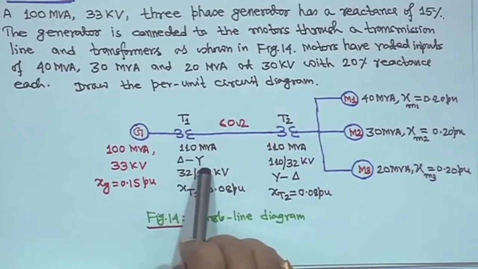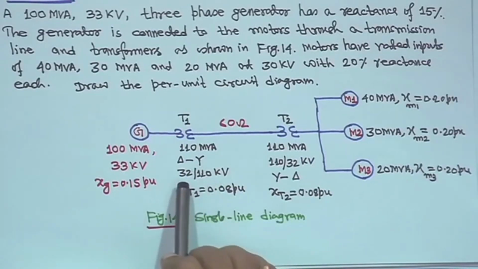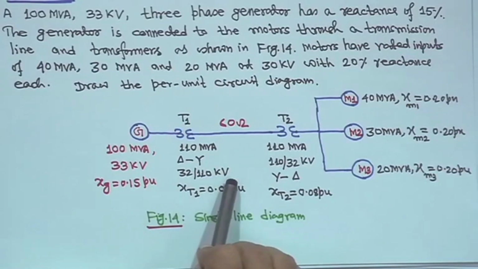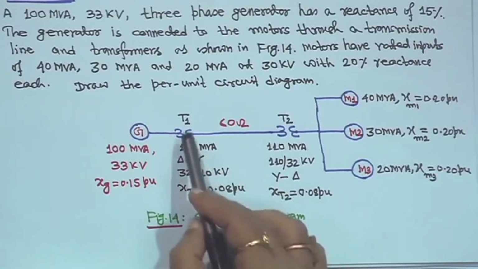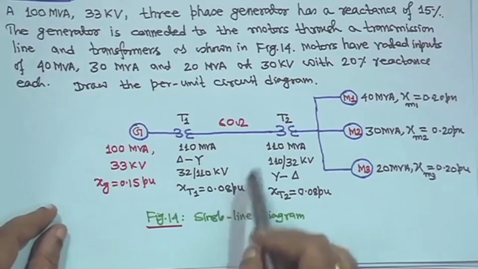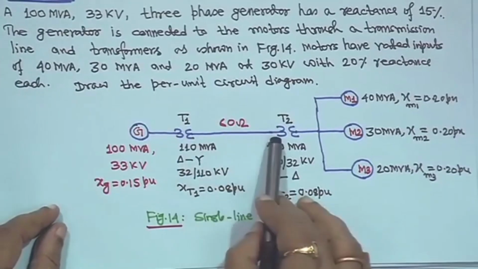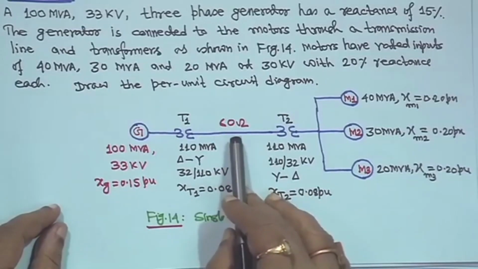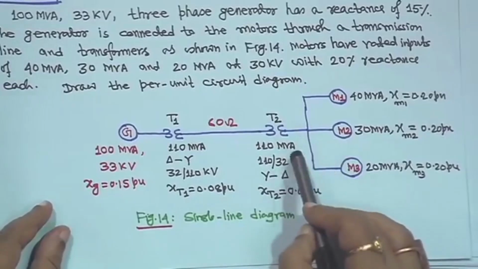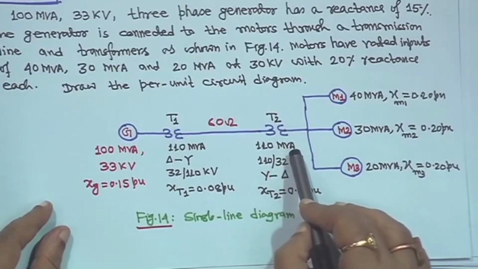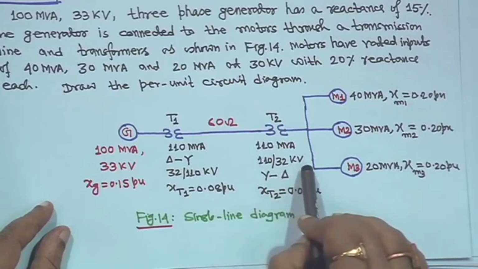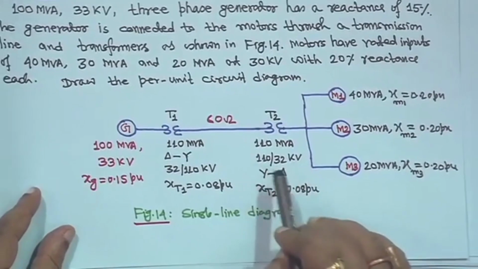It is a delta-star transformer, delta side is 32 kV and star side is 110 kV, all line to line, and the reactance XT1 of this transformer is 0.08 per unit. Then comes the transmission line, this is 60 ohm, and this is transformer T2. Here also 110 MVA, voltage also 110 by 32 kV, that is high voltage side is 110.